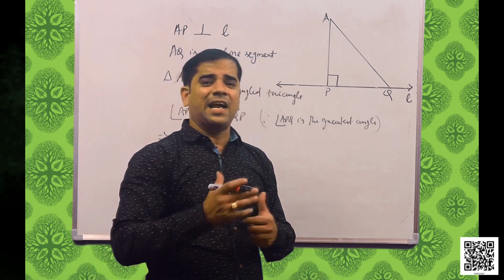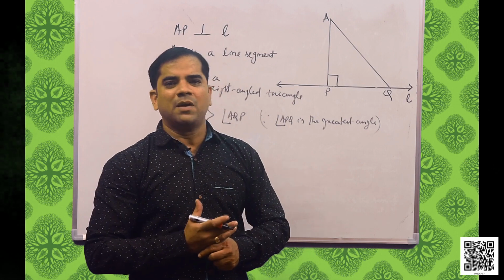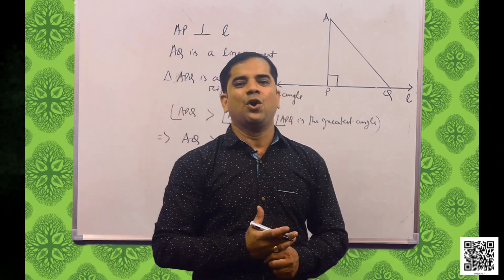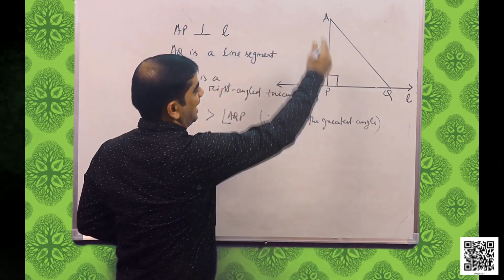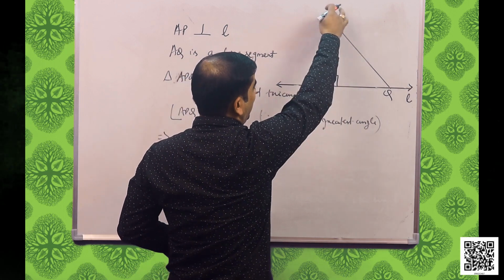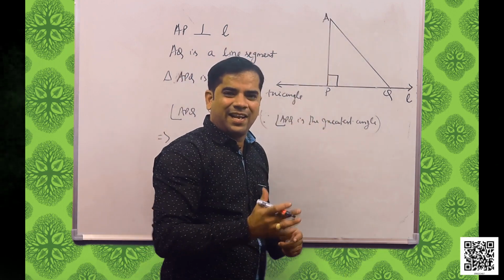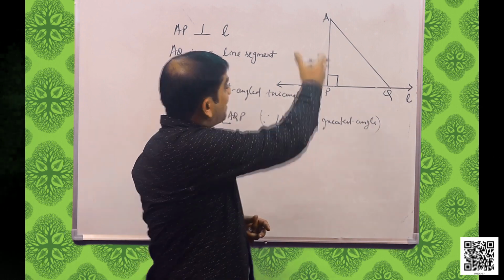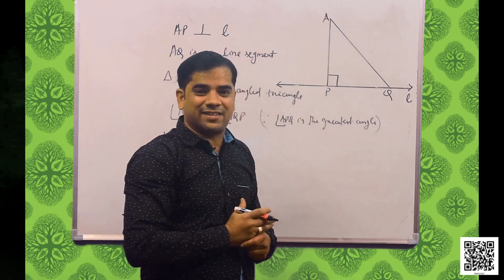Hence, any line segment AQ from point A to line L is greater than the perpendicular, that is AP in this case.